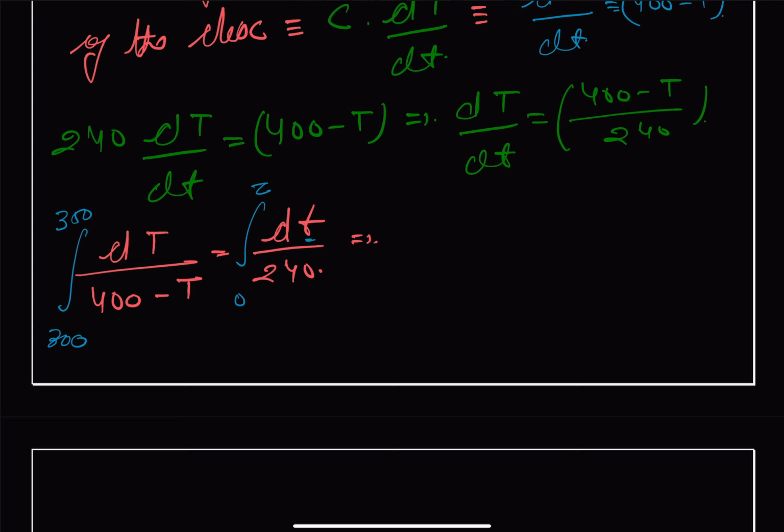This gives us minus natural log of 400 minus T, with lower limit 300 and upper limit 350, is equal to tau by 240.